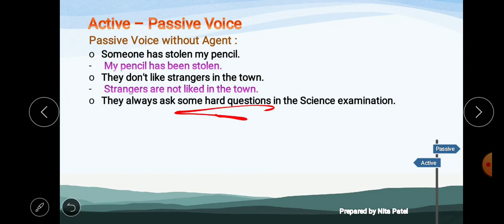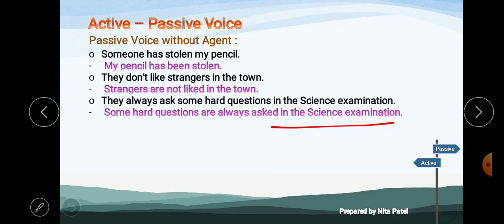Some hard questions is our object, and simple present tense is there. So some hard questions are always asked in the science examination.